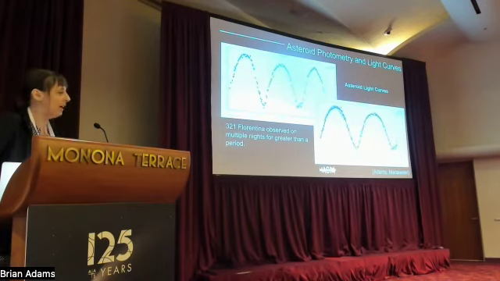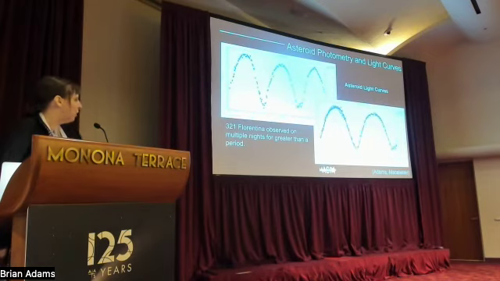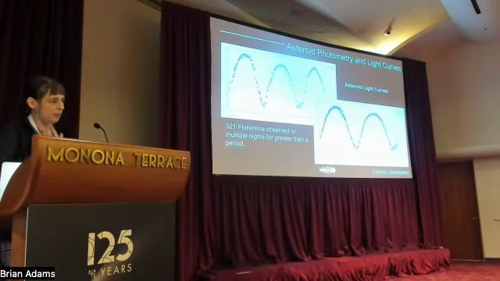For example, we can do asteroid photometry and light curves. We have an example of 321 Florentina that was observed on multiple nights and was observed for more than a complete period of its rotation. Asteroids are kind of weird shapes. They're not symmetric, so you have a large side and a small side. As they rotate, you get a bright spot and a dimmer spot.